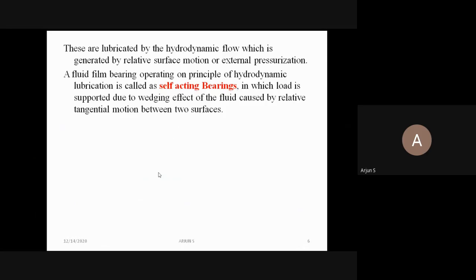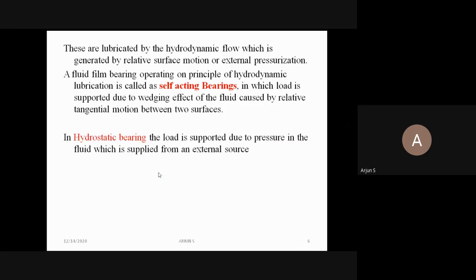We do have another type of bearing called hydrostatic bearings. In externally pressurized bearings, the load is supported due to the pressure in the fluid film, which is supplied from an external source.